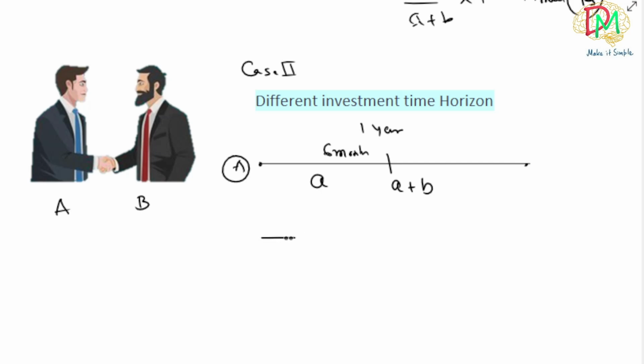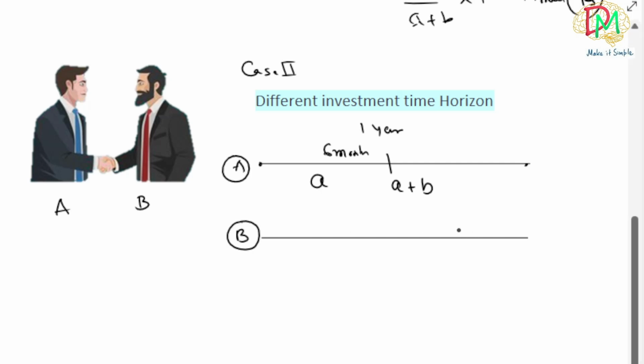But for person B, for the first 9 months, B invests the amount C and then removes some amount D after 9 months.